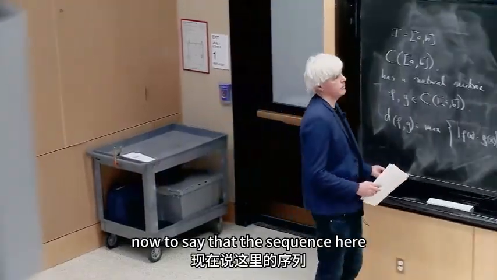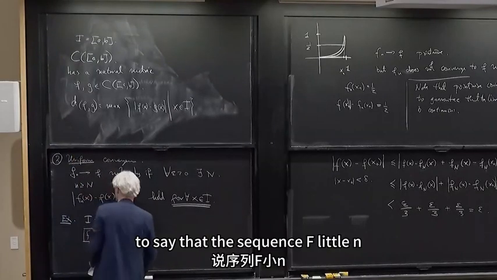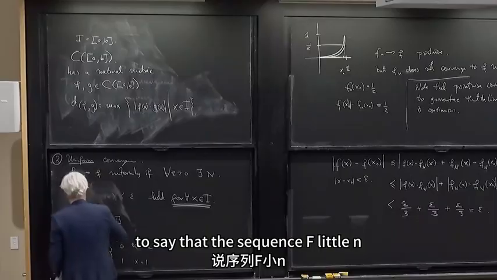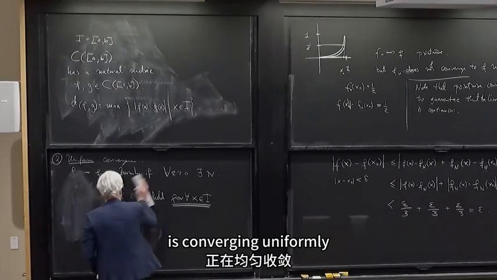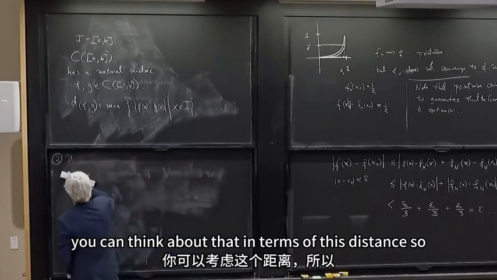Now to say that the sequence f_n is converging uniformly, you can think about that in terms of this distance.